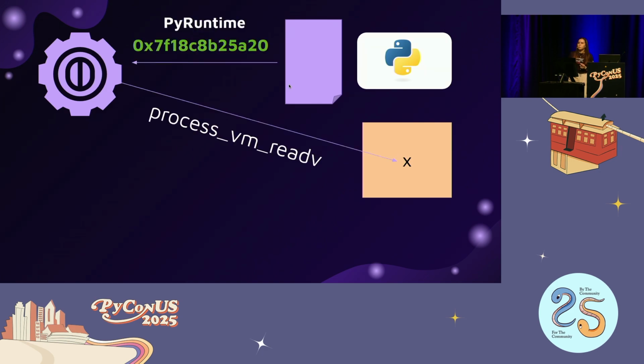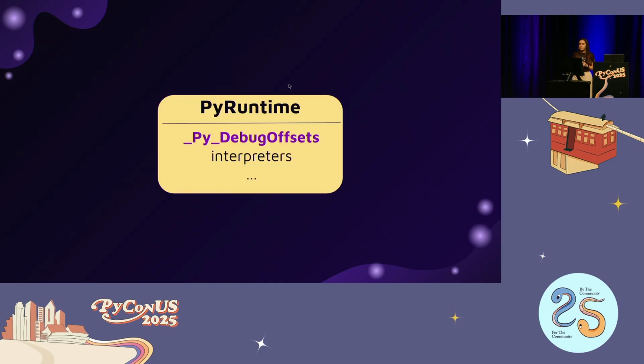Once we found PyRuntime, Pablo mentioned process_vm_readv earlier. That's a system call that allows us to read the memory of another Python process. We're going to use that one to read the memory, and we have our PyRuntime.